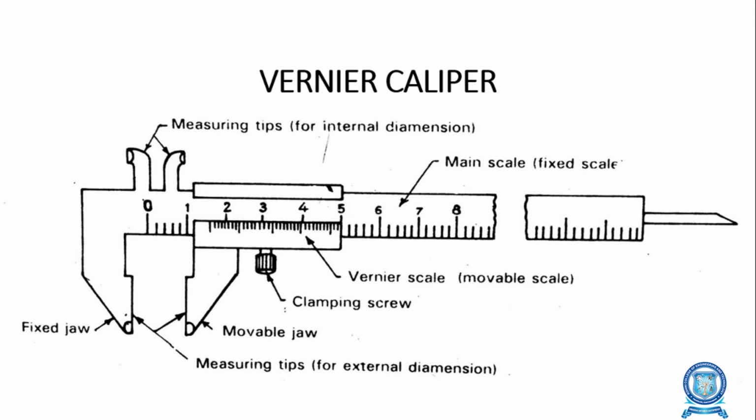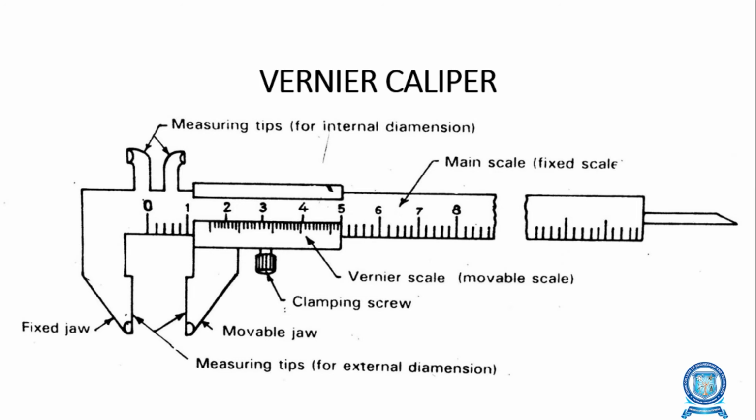Okay, first we should know the working of a vernier caliper. First, we got a clear view of the vernier caliper parts. Now we are going to look at the working of the vernier caliper. It has two steel rulers which slide one over the other.